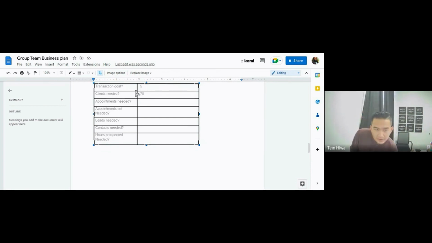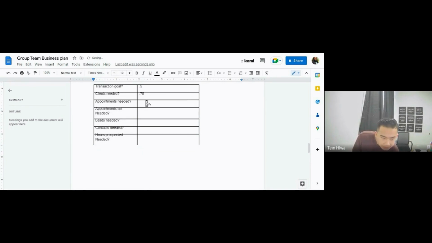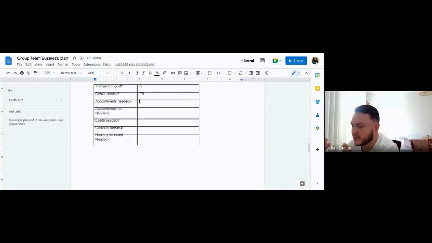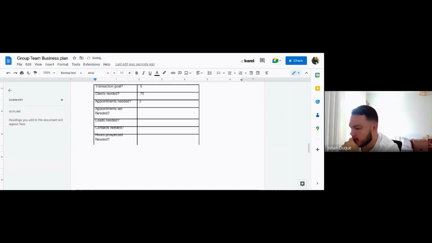Realistically the math is 0.5 transactions, which we know can't happen. It would be the same thing for clients needed on the daily. What we're trying to get down to is the key indicators of leads, contacts, appointments set, appointments met. Everything else, the numbers are going to look funky.